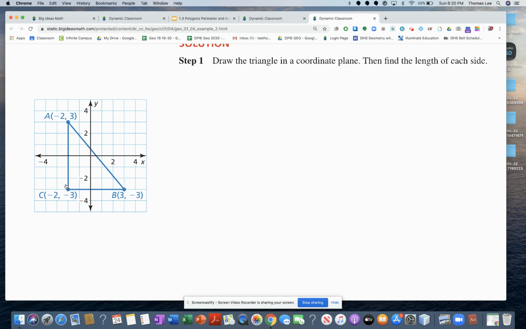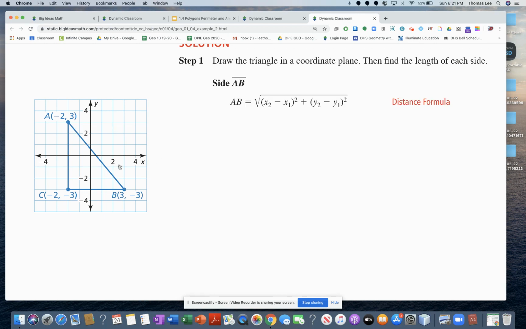I just call it counting: 1, 2, 3, 4, 5, 6. And with this perfectly horizontal side, you can also use the ruler postulate, which again I just call counting: 1, 2, 3, 4, 5. So this side is 5, this side is 6. This is going to be probably an irrational side. We're going to use Pythag here.